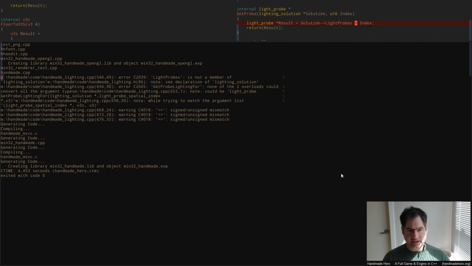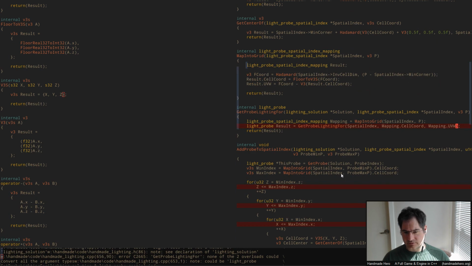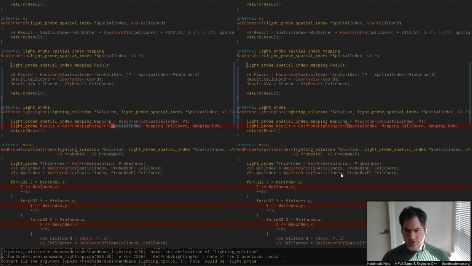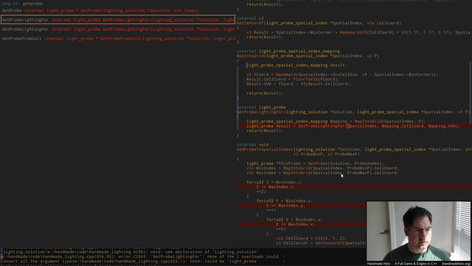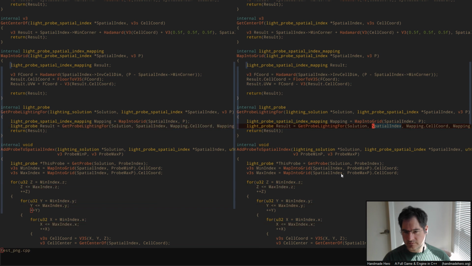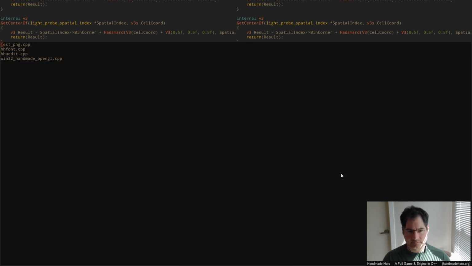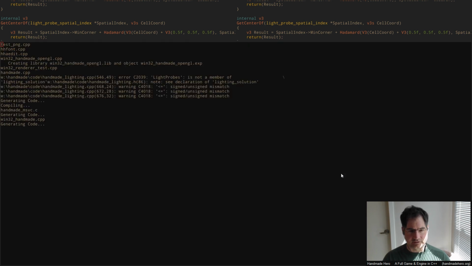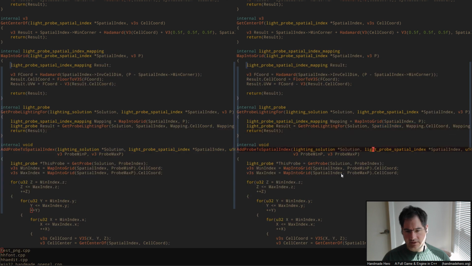And then we finally have a get probe lighting for, which I don't remember what that actually took. I think it just needs that. It didn't have the solution, which it needs to look up the light probes. And then I think we're done.